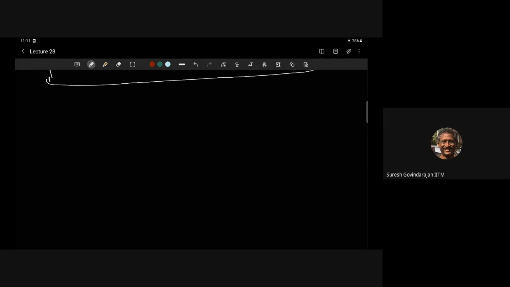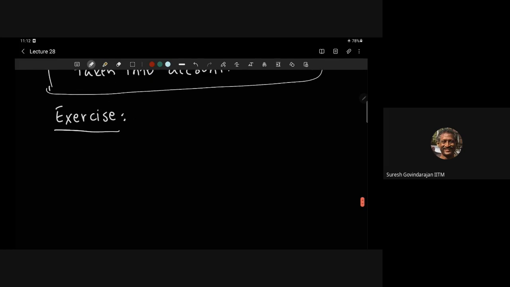So there are many ways of doing this. One thing is an exercise, which is related to the parallel axis theorem.